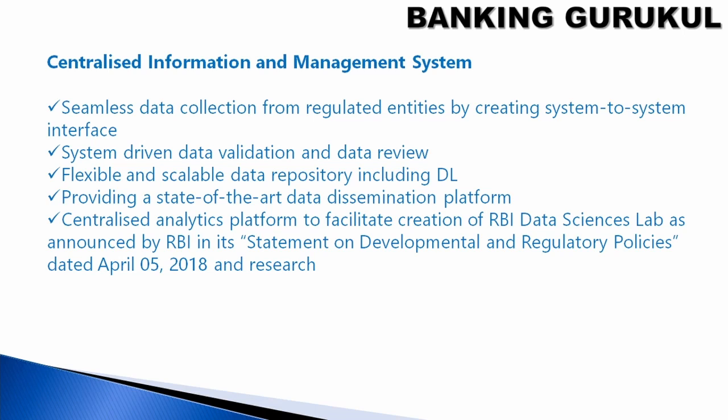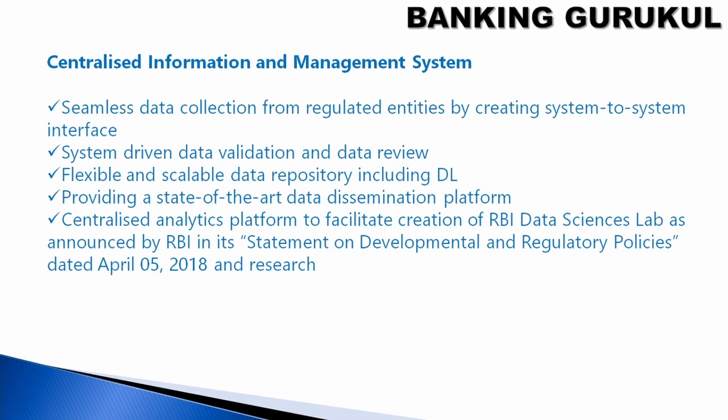Normally, the regulated bodies like RBI, IRDA, all the banks and financial institutions, send the data in a data format that will be uploaded into their system, and they generate the centralized information and management system. But after this CIMS system is implemented, data collection will happen automatically from system to system.